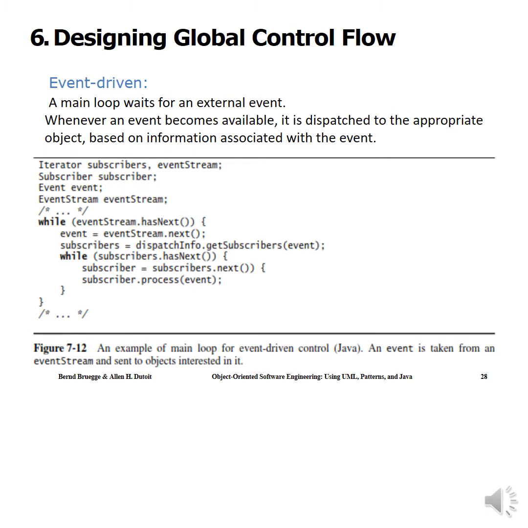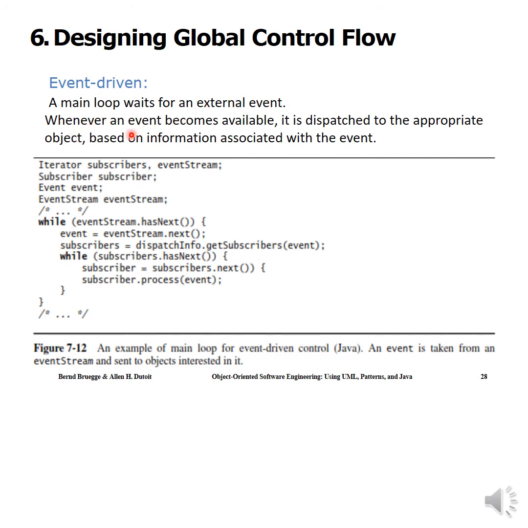Next is event driven control. In this, a main loop waits for an external event. So in event programming, there is generally a main loop that listens for an event and triggers a function as a result of that event.